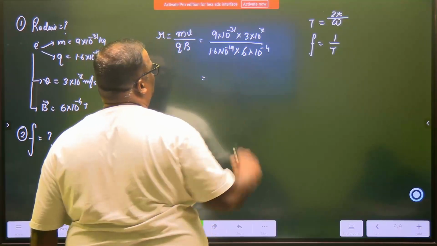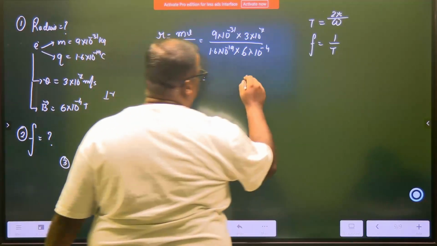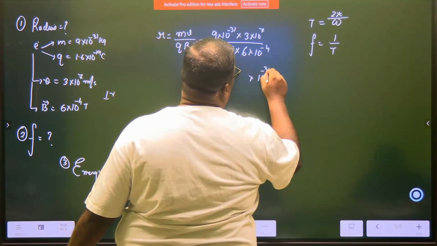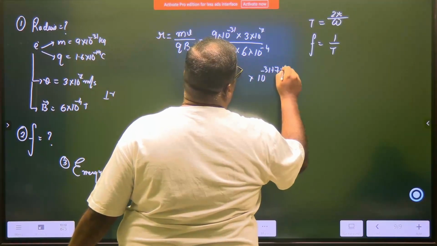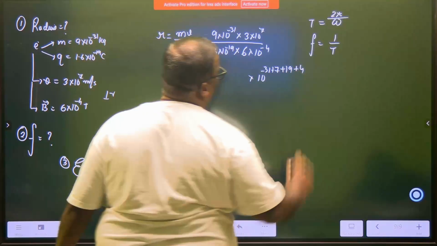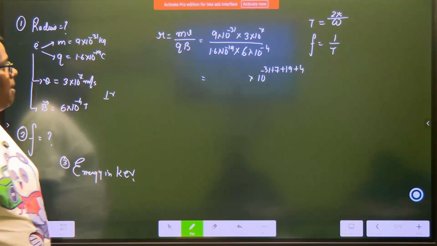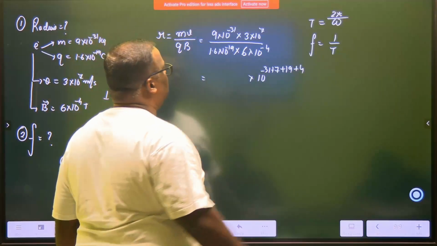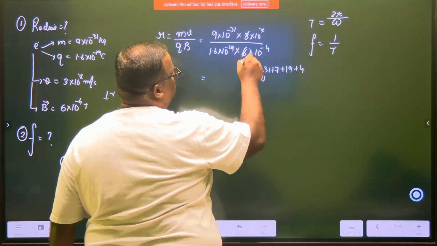First, let's sort out the powers of 10. So it is 10 to the power minus 31 plus 7 plus 19 plus 4. Right? And 3 we will take up as 3 2s are 6.